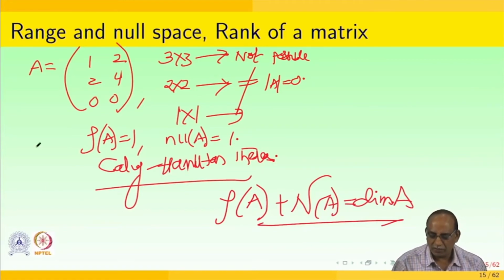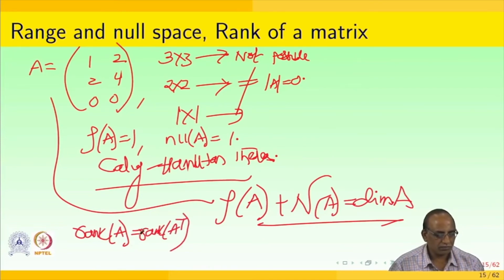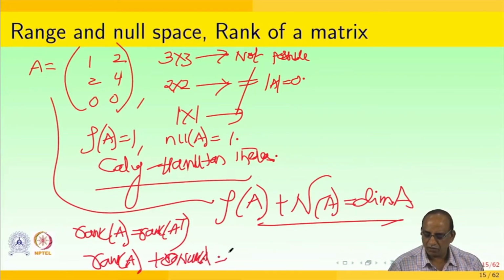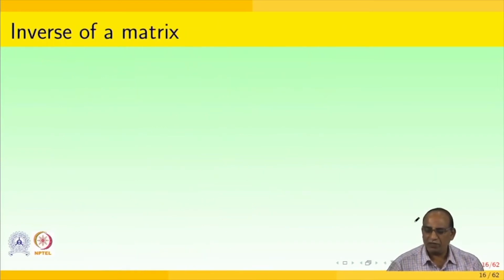Also, we can see some properties of these ranks: rank of A is equal to rank of A transpose. Then rank of A plus nullity of A is equal to n. These are very basic properties.